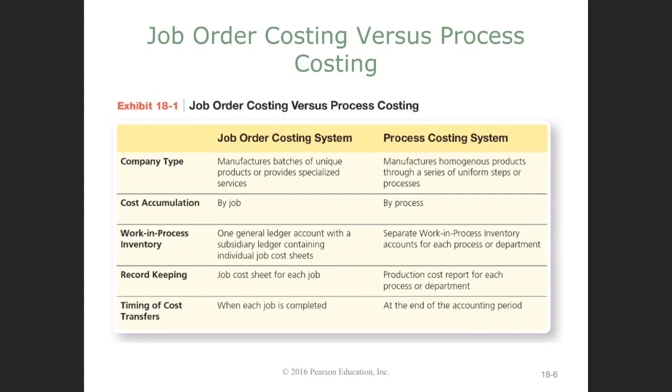Their work in process inventory, they normally have one general ledger account that has a subsidiary ledger that contains individual job cost sheets.